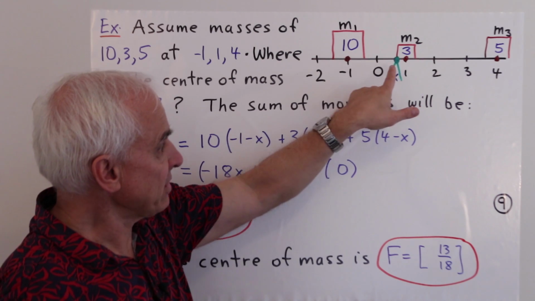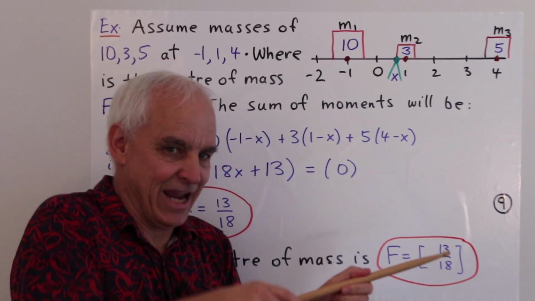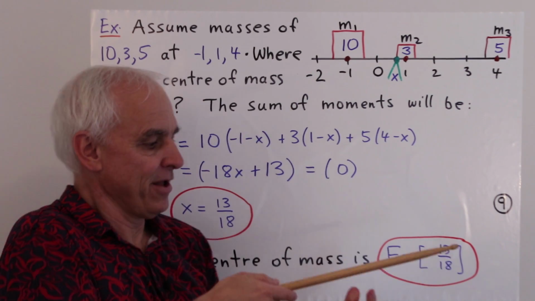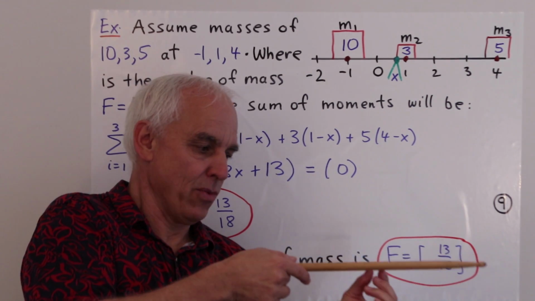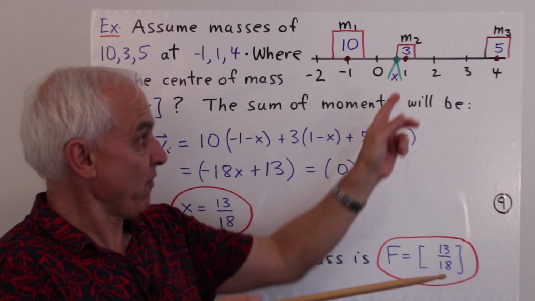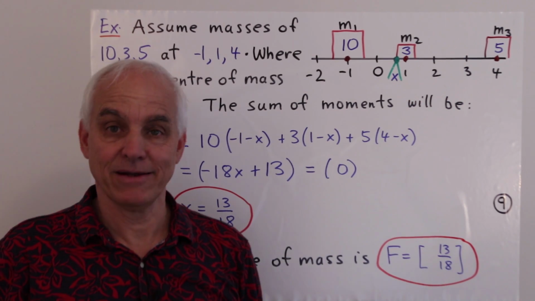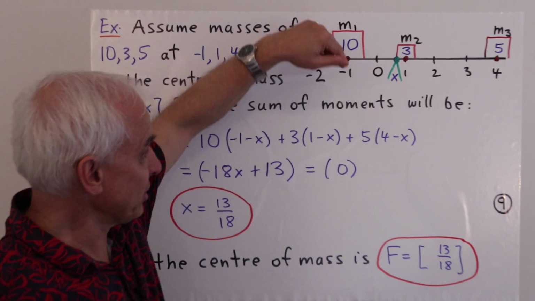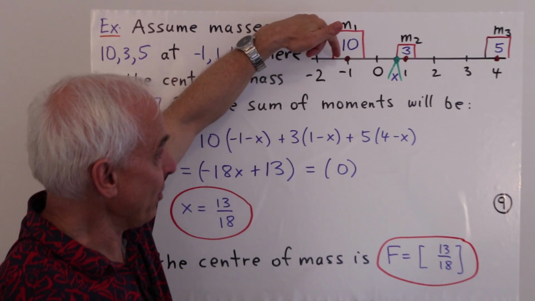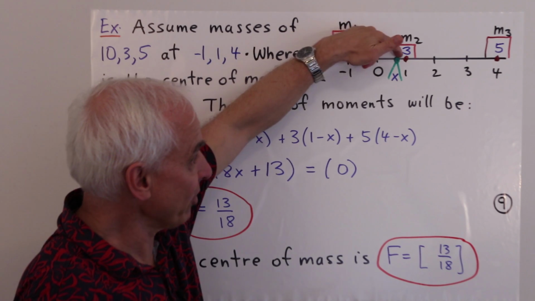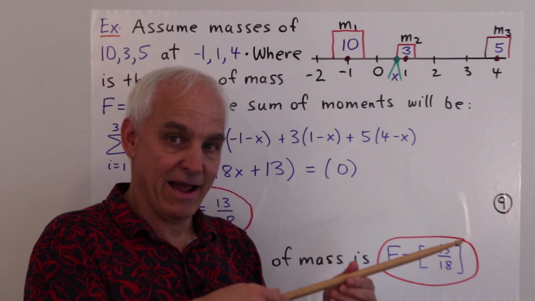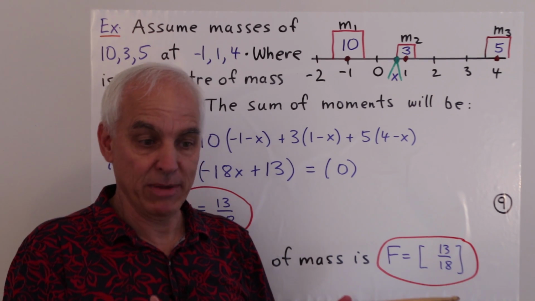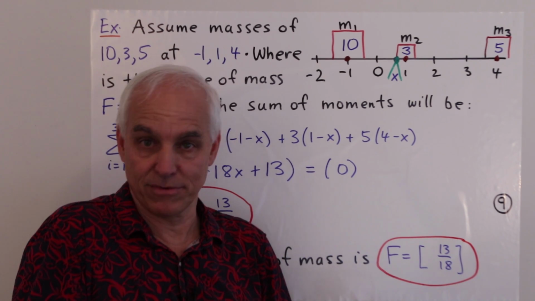Well, each of these masses will exert a turning force on the lever wherever the fulcrum is. Let's say the fulcrum is at some point whose coordinate is x. Okay, so what we're going to do is write down the moments and require that the three moments add up to 0. That's the balance condition of Archimedes extended to the three masses.